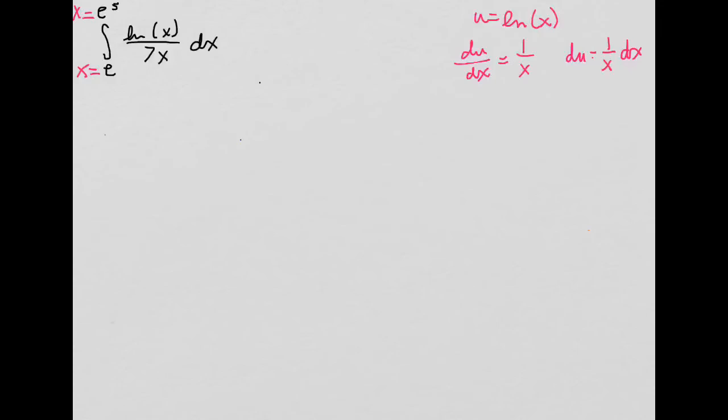And so when we rewrite this, we're going to have from u equals something to u equals something. So when x is equal to e, natural log of e is going to be 1. When x is equal to e to the fifth, then u is equal to natural log of e to the fifth, which is 5.